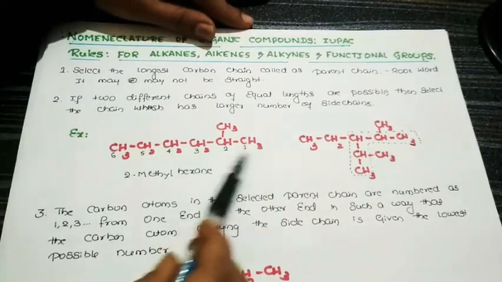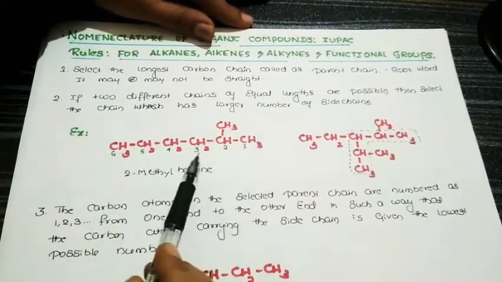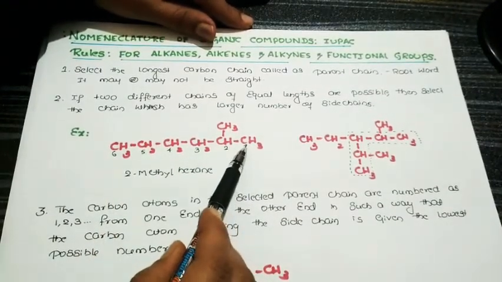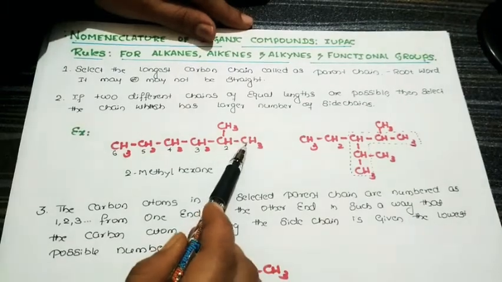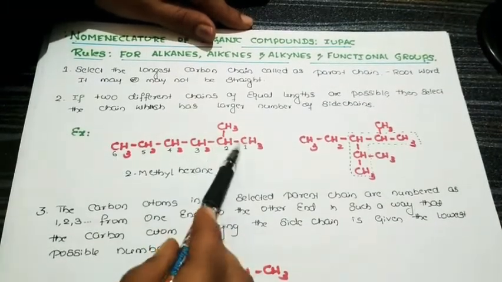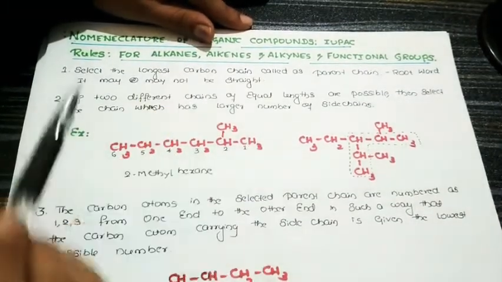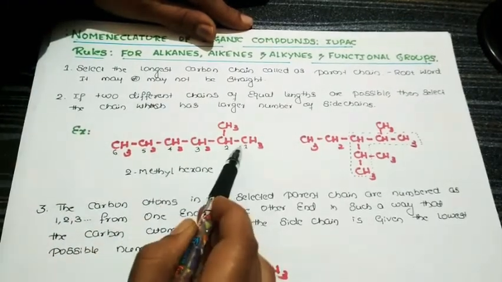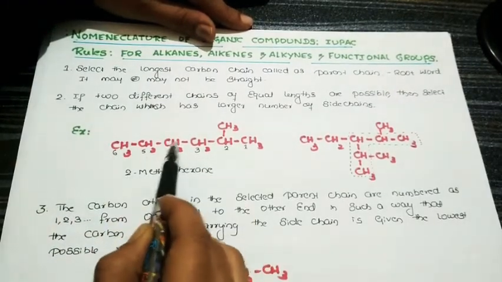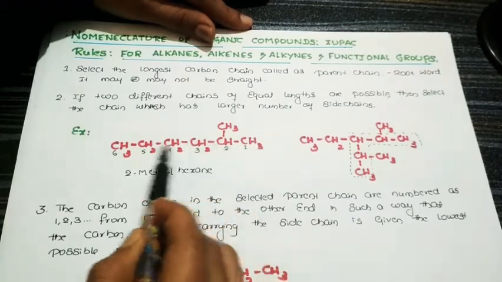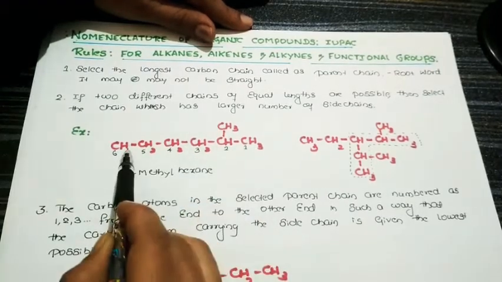Dear students, here a compound is given. We need to select the longest chain according to the first rule. If I take 1, 2, 3, 4, 5, 6, the maximum carbon atoms I am getting is 6.